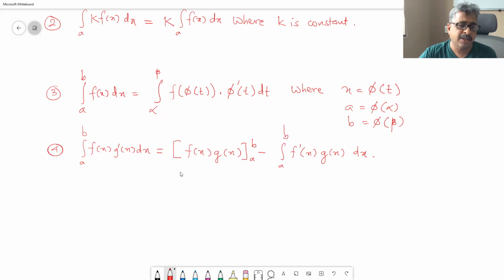Okay, so there is nothing to prove here except putting these limits over there, because integration by parts was a trick for finding out the antiderivative.